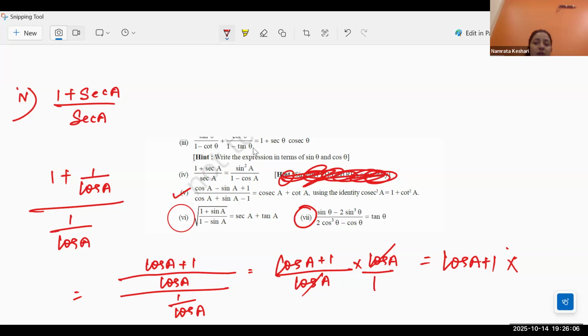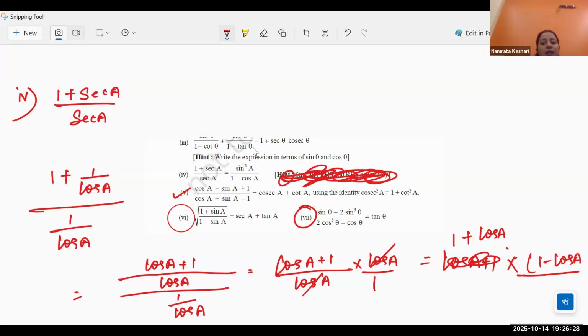In your hand, you are having cos A plus 1. Cos A plus 1 means 1 plus cos A. Yes or no? Yes. And if you multiply 1 minus cos A in numerator and denominator, why are we going to do the multiplication? Because on the other side 1 minus cos A is there in the denominator.